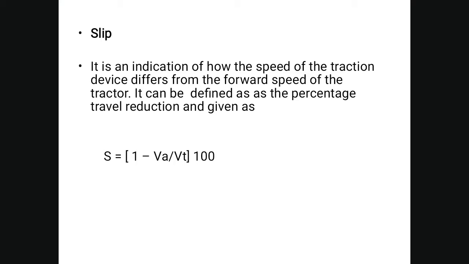Now slip is an indication of how the speed of the traction device differs from the forward speed of the tractor, and it can be defined as the percentage of travel reduction, given as S = (1 - VA/VT) × 100.